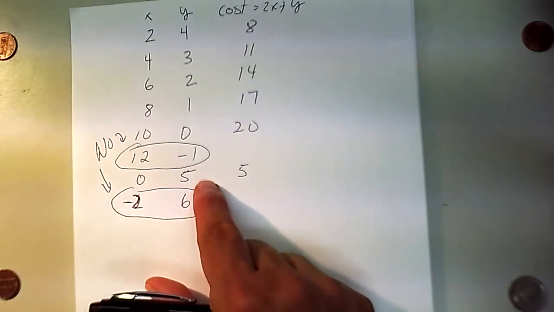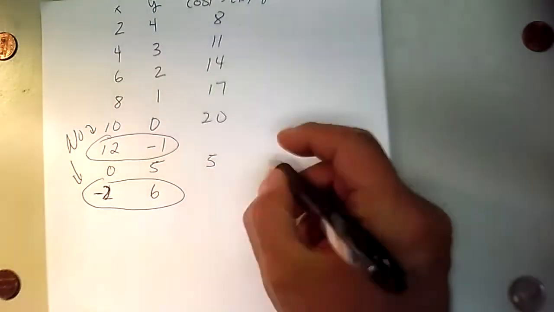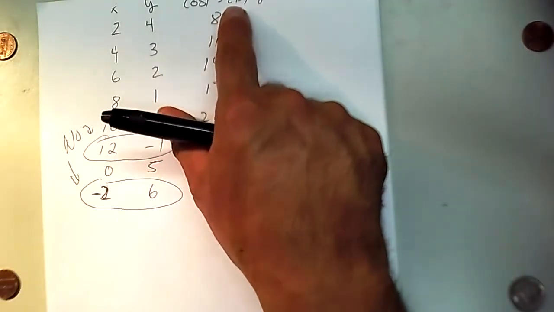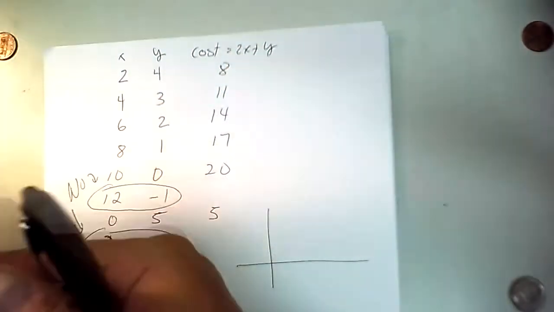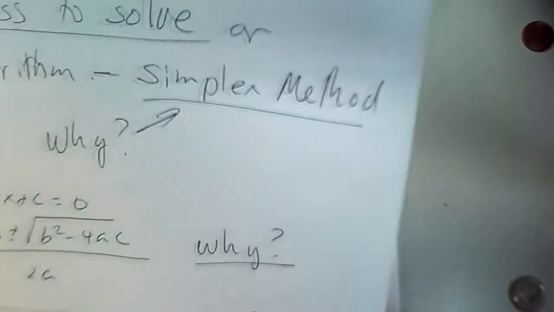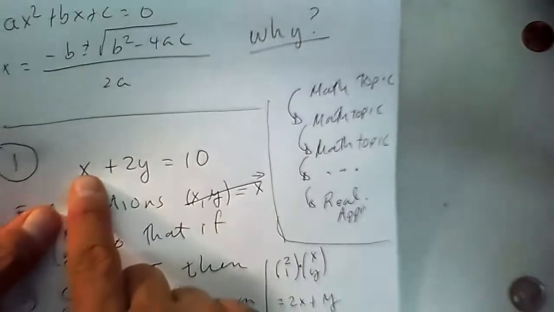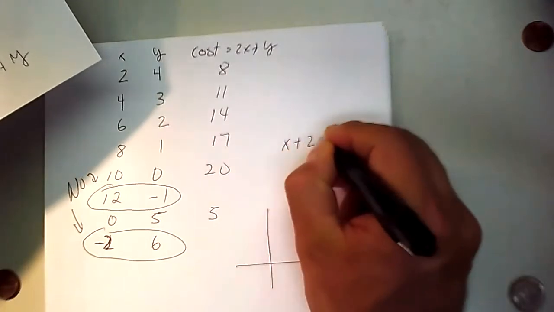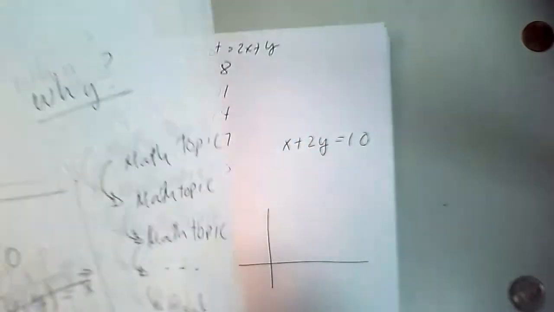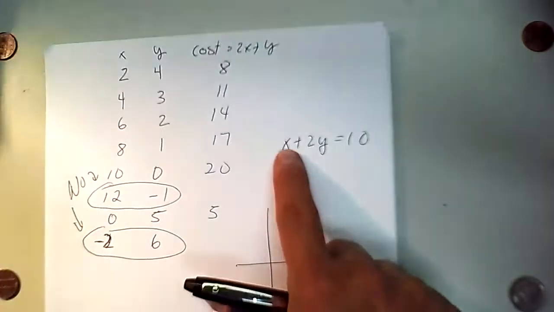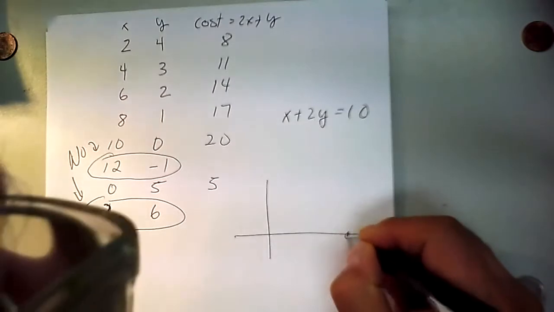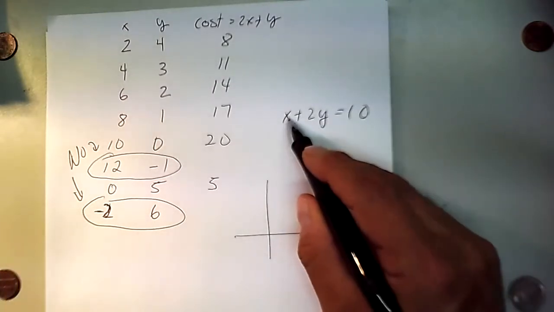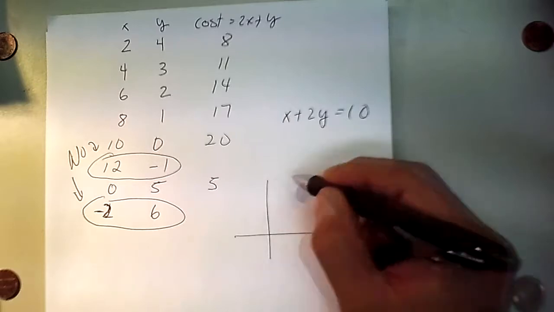Now, geometrically, what is going on is, okay, now this is the cost equation. Do not confuse the cost equation with the original equation. Sometimes they're similar. The original equation is x plus 2y equals 10. So if we graph this, x will be 10 here, when y is 0, and then when x is 0, then y is 5.